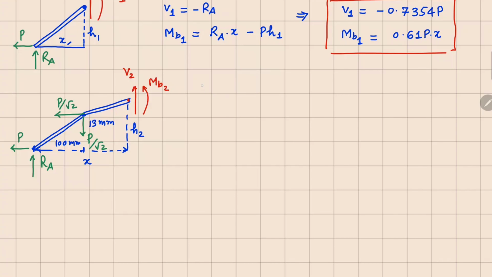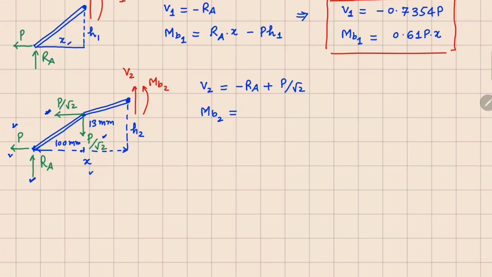So your force balance gives V2 equals minus RA plus P over square root 2, and your MB2 in this case will involve all of these four forces. So about this point, your P over square root 2, this one right here and this P, these are going to give you clockwise, this will also give you clockwise, but this force right here will give you anti-clockwise.